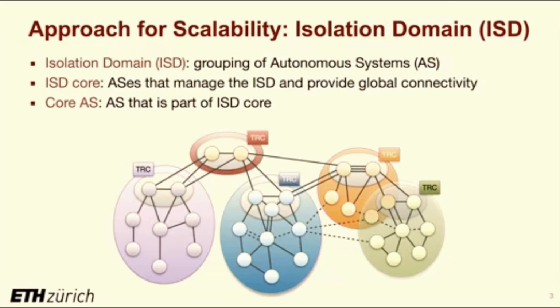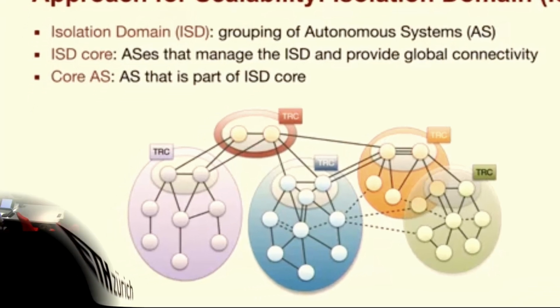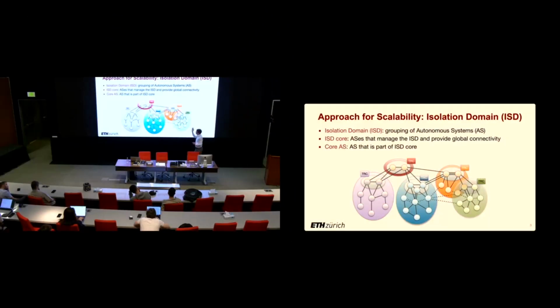Right? So you only need to trust the TRC of the ISDs that you traverse. And so a strong notion of sovereignty is achieved this way through this local selection of these trust roots.